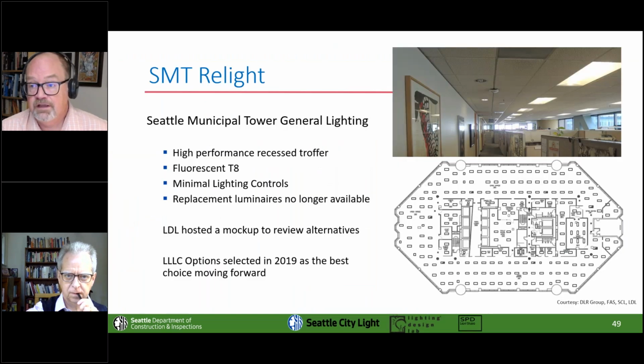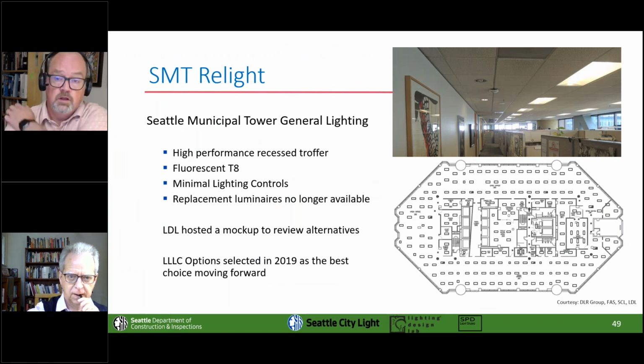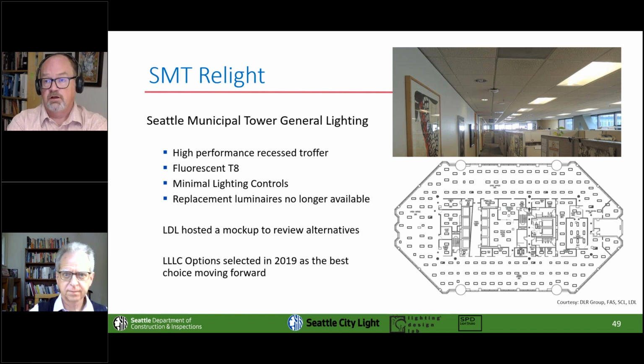Now, because this is so important, a few years ago we started a project with the City of Seattle. The Seattle Municipal Tower lighting design was done back in the 90s, and they used a specific series of 2x4 and 2x2 luminaires that were really high performance for the time, great stuff, but they're worn out.